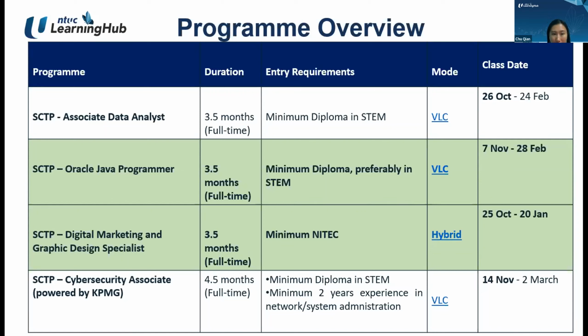Okay, so for the Oracle Java Programmer, you need a minimum diploma. And for digital marketing, you need a minimum NITEC. The Oracle Java Programmer is fully VLC, meaning virtual live class. All right, it will all take place virtually via Zoom. Whereas digital marketing is hybrid.